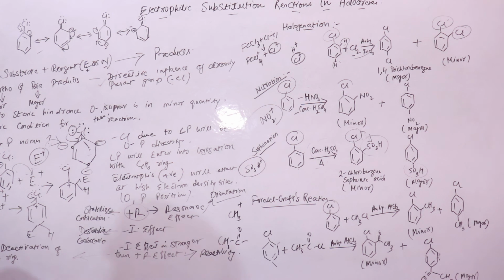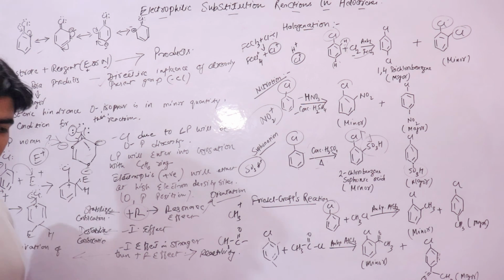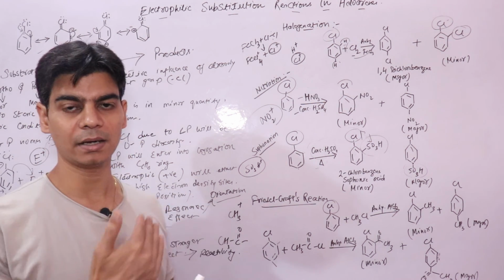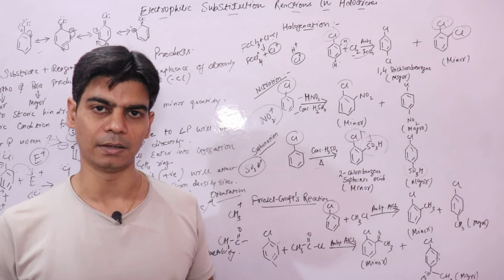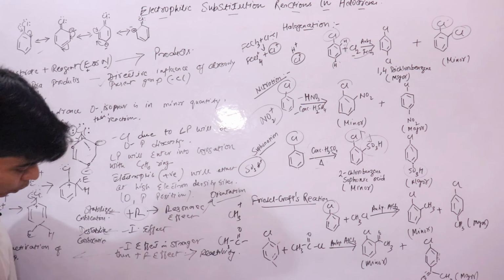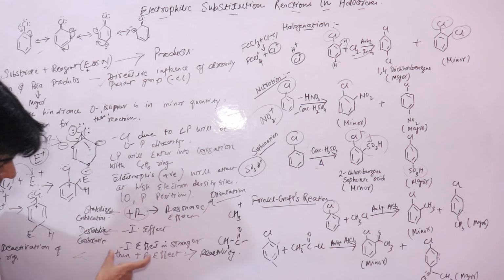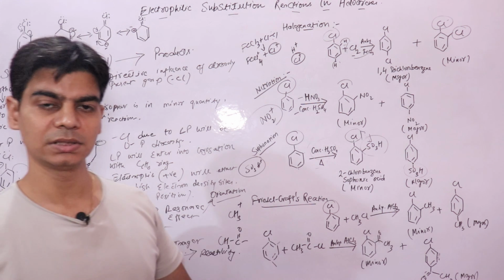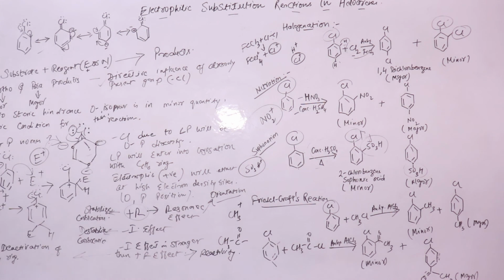Since electrons are getting withdrawn from the benzene ring, it is becoming more positive, and attack by the positive reagent will become difficult because positive will repel. So your reactivity would be controlled by the minus I effect of Cl, and that is why you have to use drastic conditions to further continue your electrophilic substitution reactions.